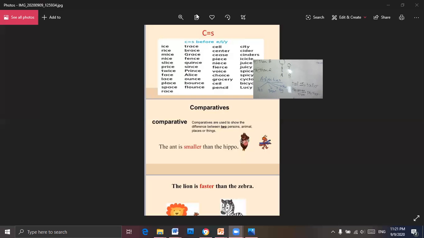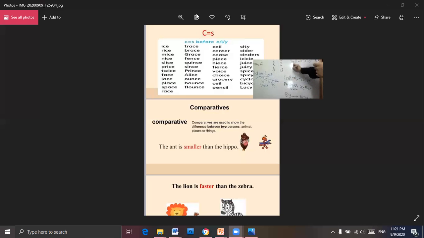Okay. In this rule, we have some exceptions. Exceptions here means irregular things. The first exception: we said before that we add er to tall, for example, so it's taller.